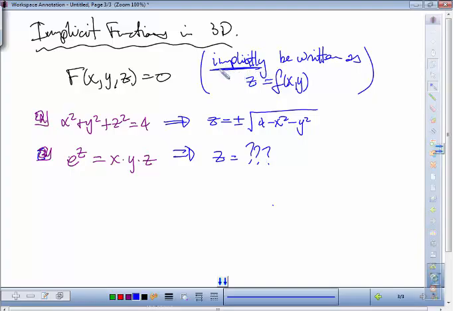So we can say that this can be implicitly done. If I have the surface and say I want to find the tangent plane to the surface somewhere, I can just pretend that I can write the function z as a function of x and y implicitly or explicitly, but I'm not going to be able to solve for it explicitly, so I have to work with this as an implicit function.